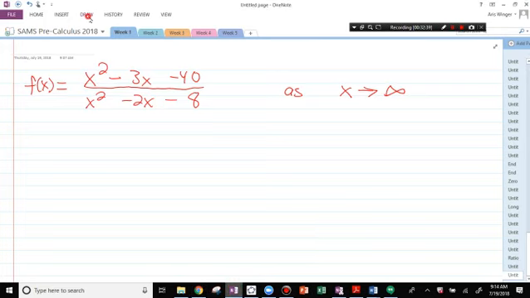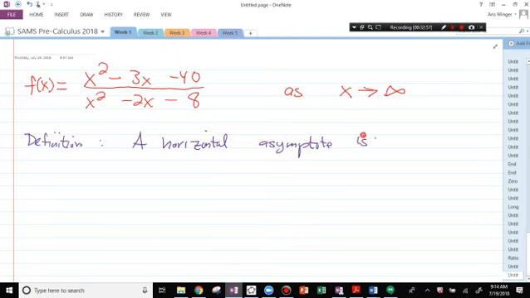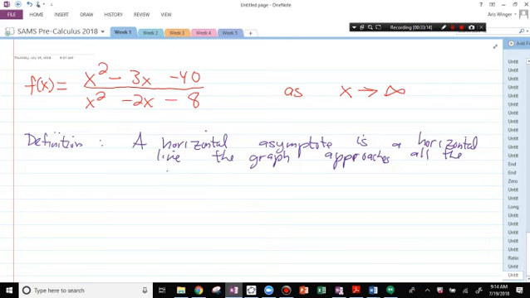Definition. A horizontal asymptote is a horizontal line the graph approaches all the way to the right or left.